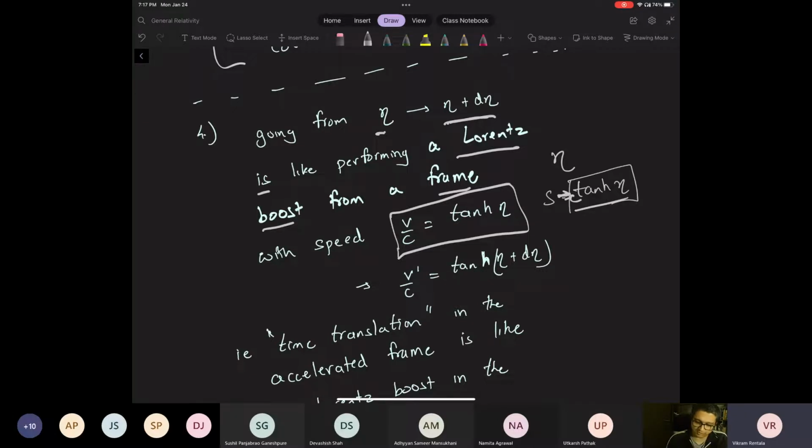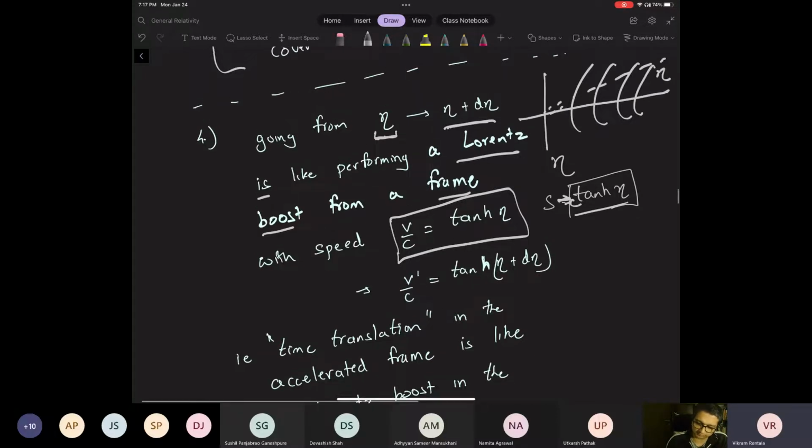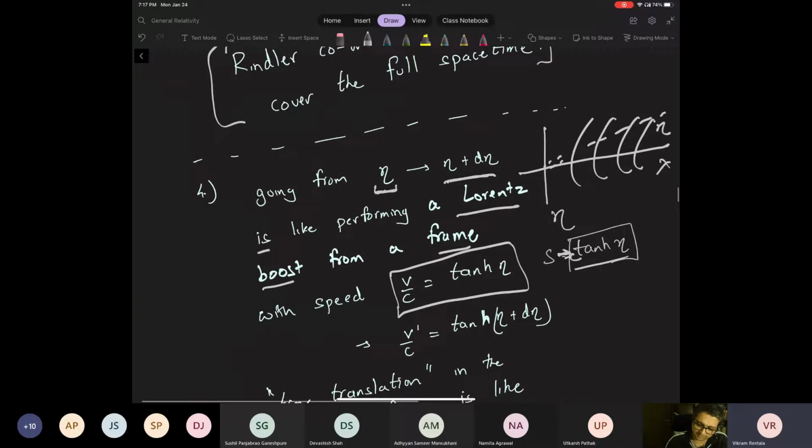Now, if I look at all my Rindler observers at a time eta, I take the origin and I draw a line at some eta. This is x and this is t. And now I go to a different instant of time, which is eta plus d eta. So I've changed eta.